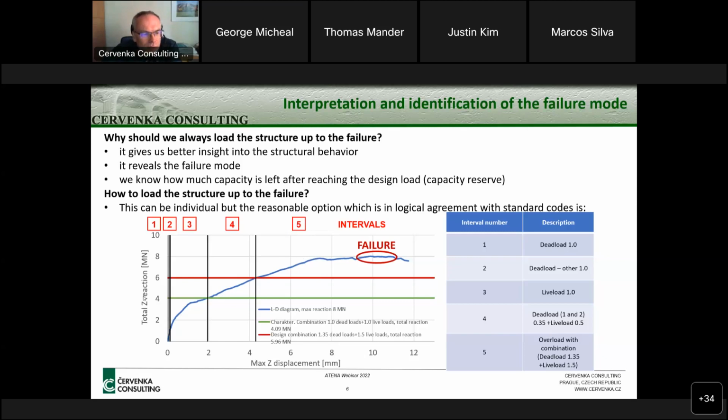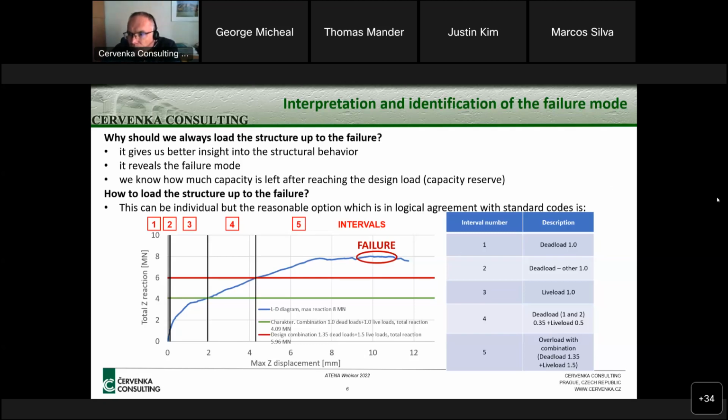So this is an important part: when we are analyzing our structures, if we are simulating an experiment, it is quite clear how to apply the loads. But if we are using nonlinear analysis to verify some design combinations or assess existing structures, we need to think about how to define properly, in a representative way, our loading history.